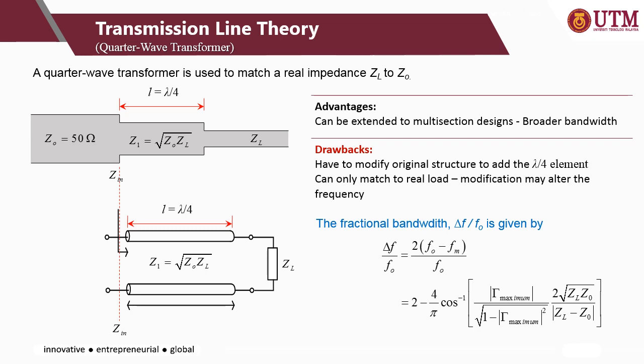So how does the quarter wave transformer look? Basically it is an additional element of lambda over 4, included in between the input point or the generator and the load. Normally we have the generator, and then the transmission line terminated by the load impedance.